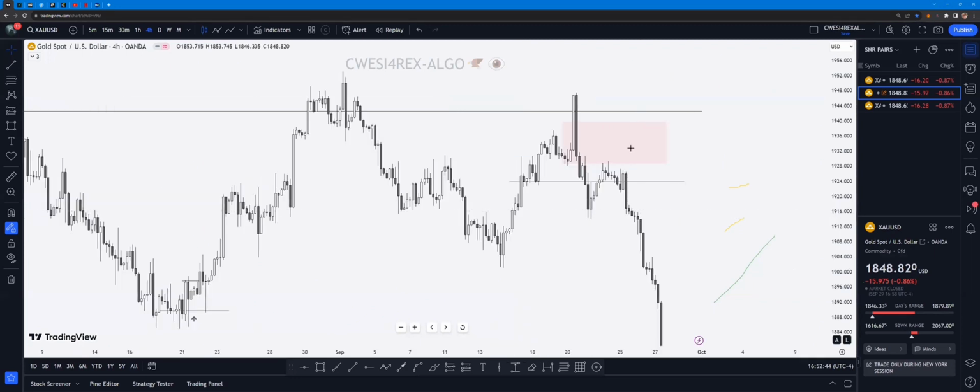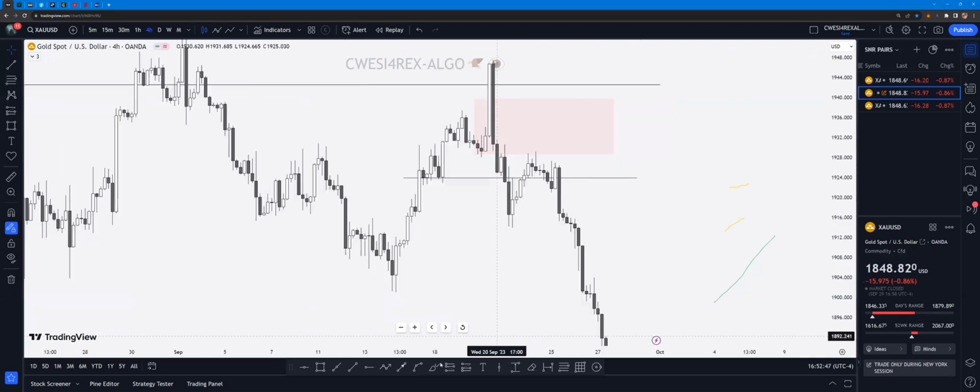Okay, so on this daily zone you can see that price already came back to collect or mitigate this daily zone. Then we had a breakout on the 4-hour time frame. So over here this is going to be a weekly storyline, right? But within this weekly storyline we have a daily storyline as well.